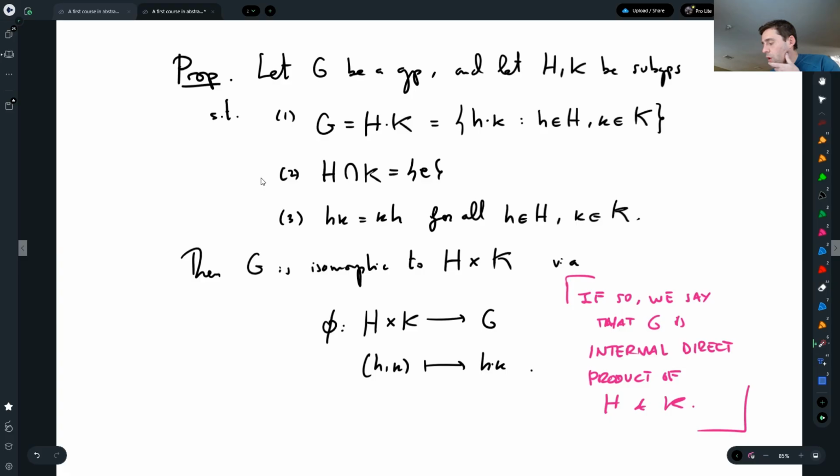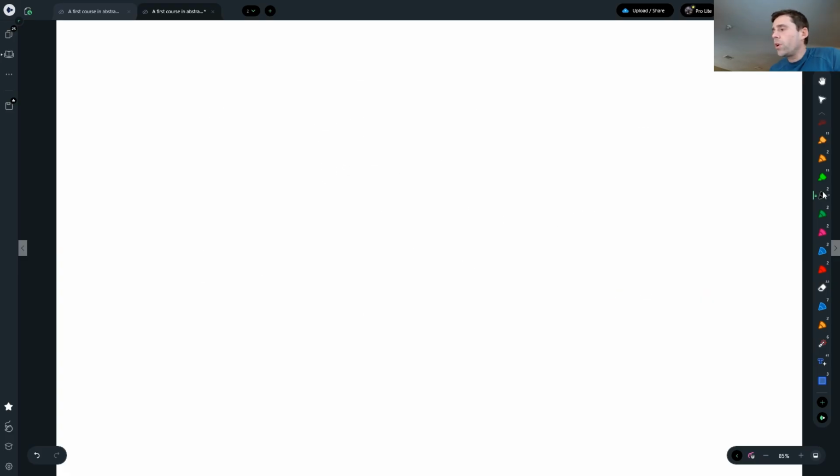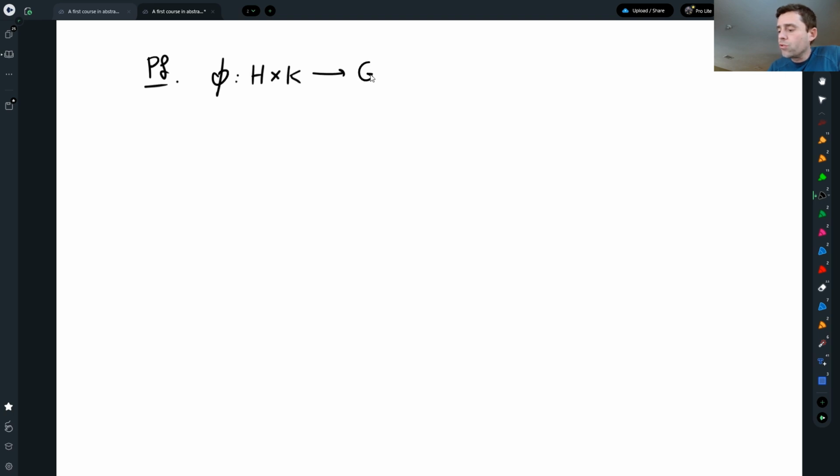Okay, so let's prove this proposition. So here is the proof of our proposition. We have a map that goes from H cross K to G. (h, k) is sent to hk, and we want to prove that this is an isomorphism.